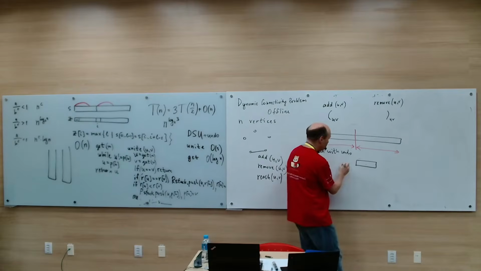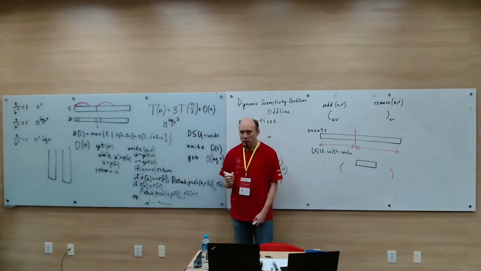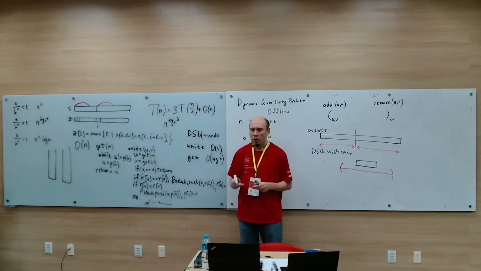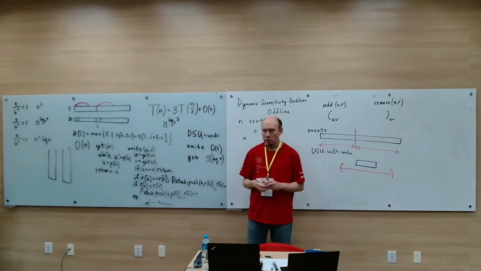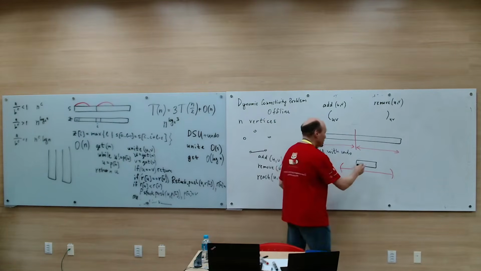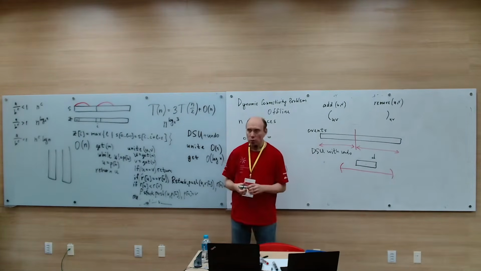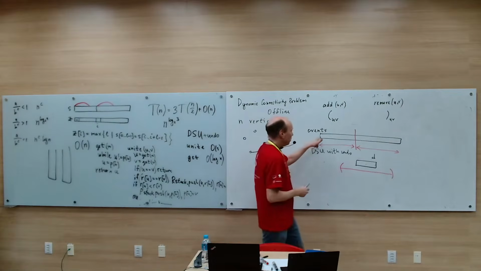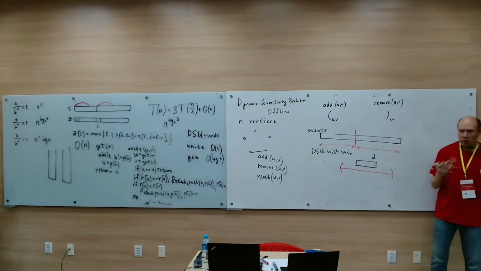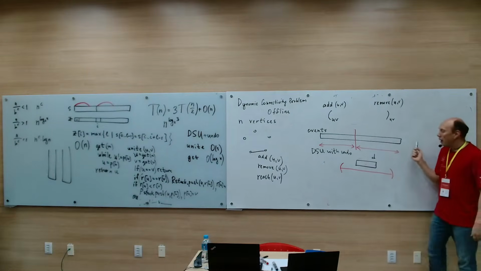So they were created somewhere there, and they are going to be removed somewhere there. So they exist during all the length of this part of the array of events. So this DSU with undo in its current state comes to us when we are going to process. For example, for the whole array, this is just an empty DSU because there are no edges that are created before or erased after.